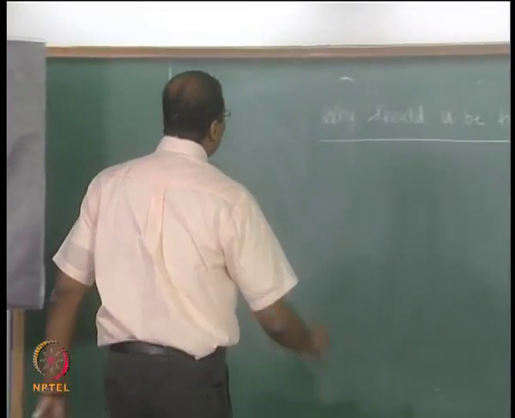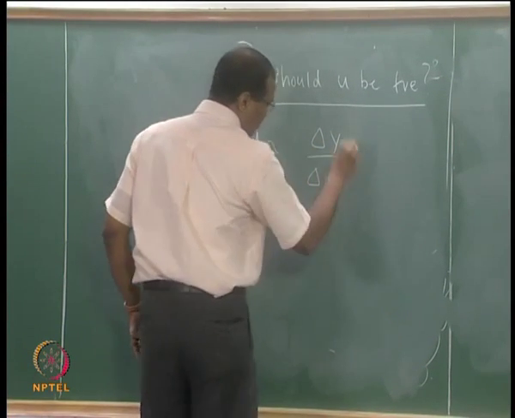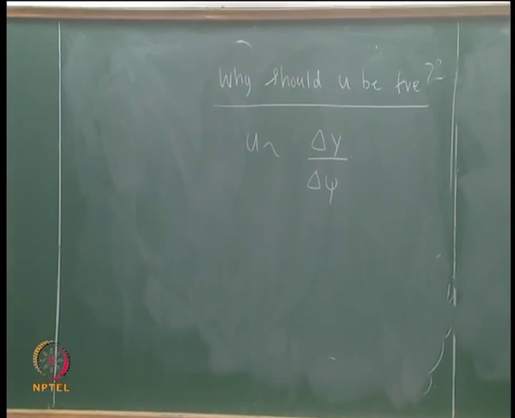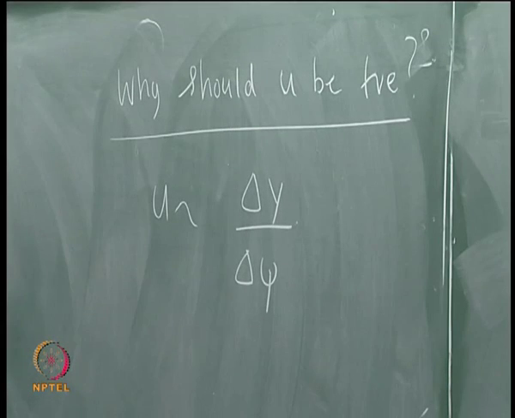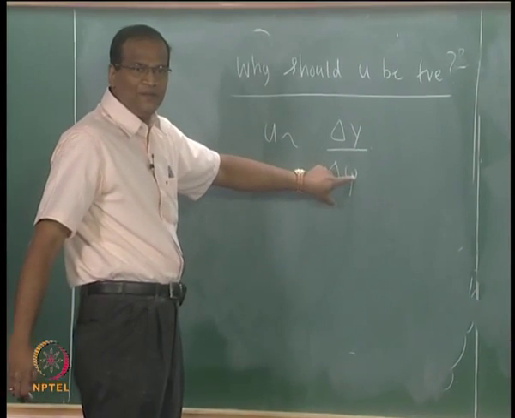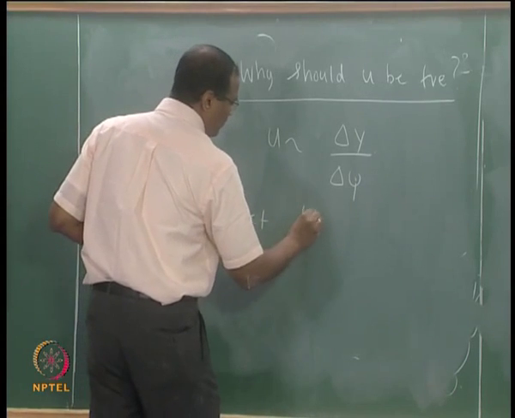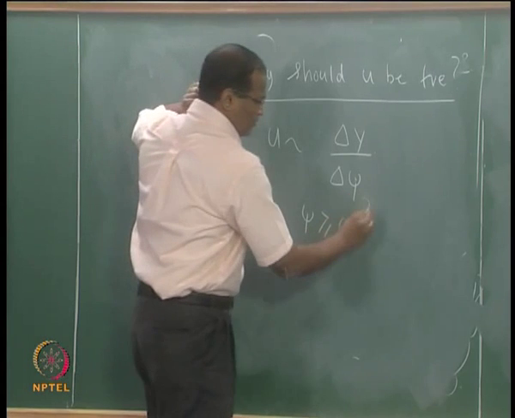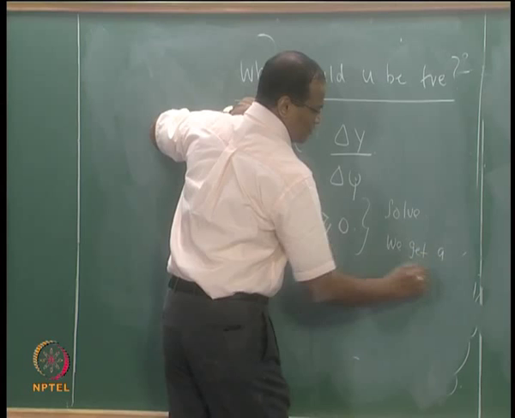It is very simple. u is also a sensitivity of the objective function with respect to the particular constraint. Watch, I am not using del phi, I am doing del c, del psi, because u corresponds to the inequality constraint. Let psi be greater than or equal to 0, solve, we get a feasible solution.